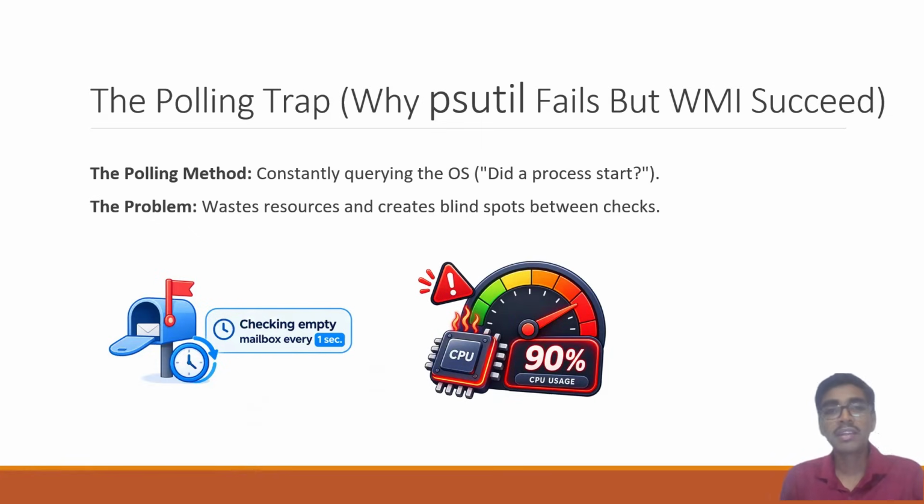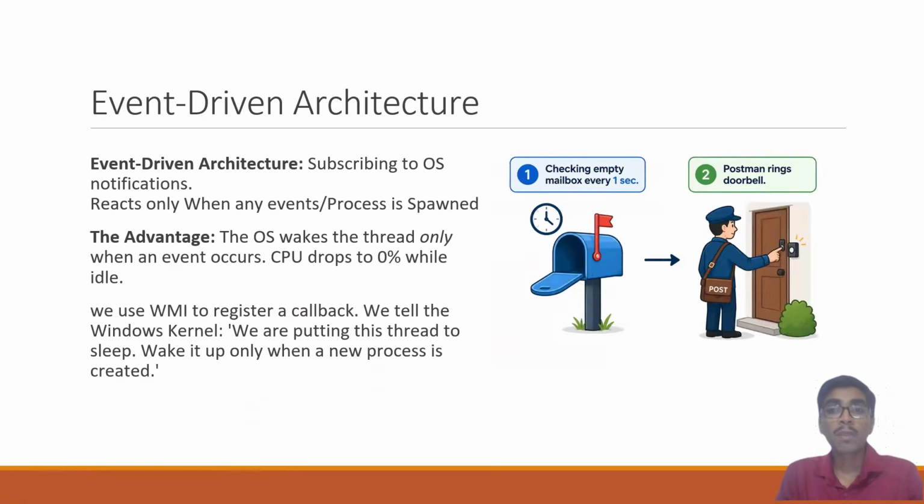This happens, and that's why psutil, which uses psutil.process_iter, iterates over the processes and uses the same model. That's why it fails here, and it is also not efficient because it consumes more CPU cycles and resources. The solution is event-driven architecture. As you can see in the diagram, it is like the postman rings the doorbell.